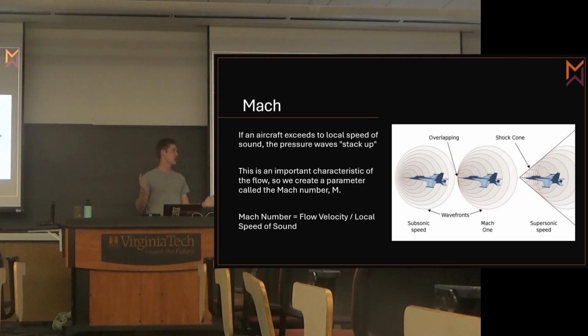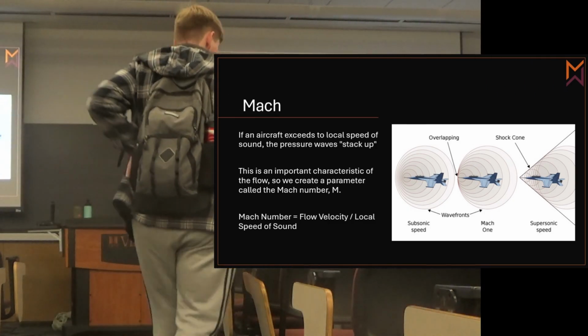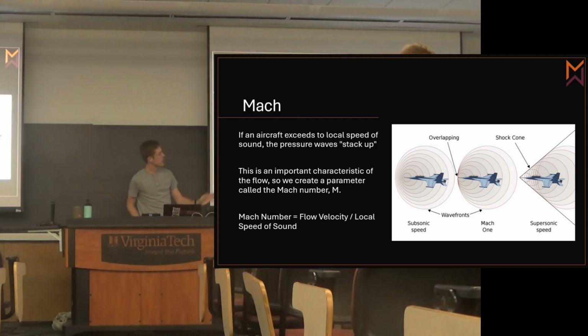You can see that here, where the circles are a lot wider in the back. Right at Mach 1, they stack up perfectly, and as you go past Mach 1, it makes very little conceptual sense, but it makes nice geometrical sense when you look at those circles, and they form a nice triangle going backwards, which gives you an understanding of what's happening when you have a shock wave. But the main thing: pressure waves stack up and make shock waves.